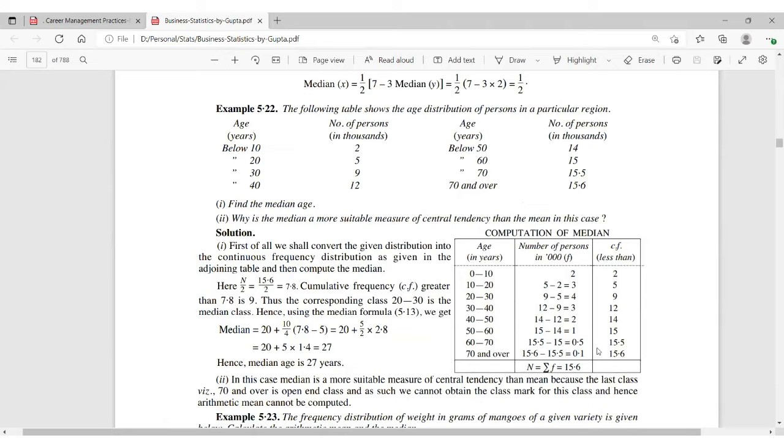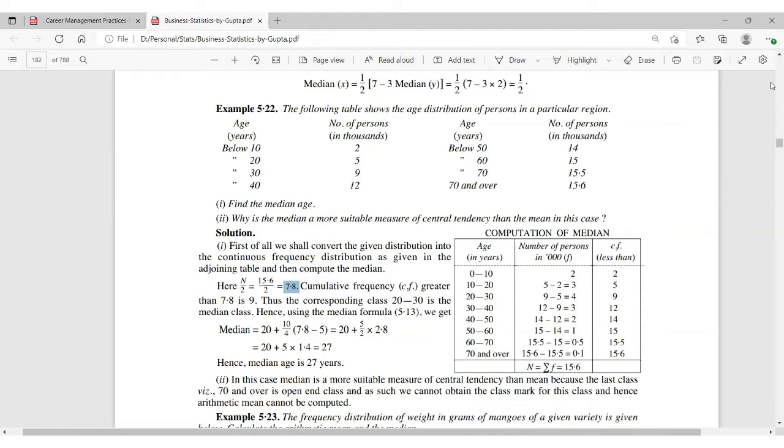Total is how much? 15.6. Well, n by 2, that is 15.6 by 2, which is 7.8.